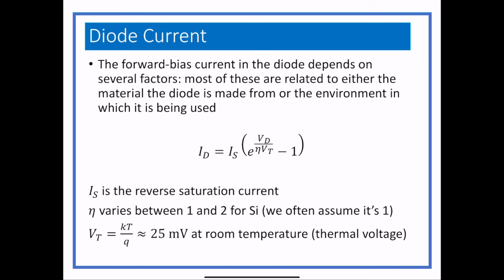And then VT is the thermal voltage. If you've taken semiconductor devices, we calculate kT over q quite frequently, and that's all that is. In this class, we always assume we're functioning at room temperature, so it's kind of a constant. There are two ways to make assumptions about room temperature.